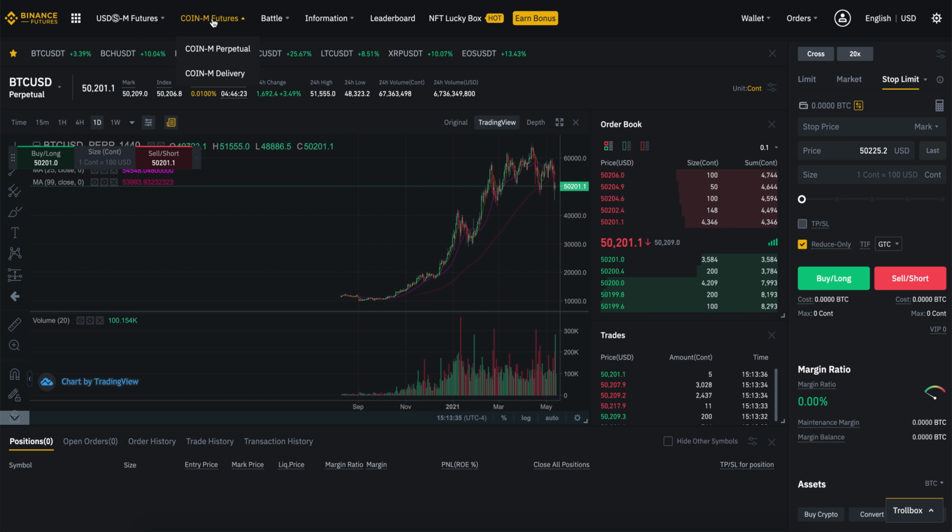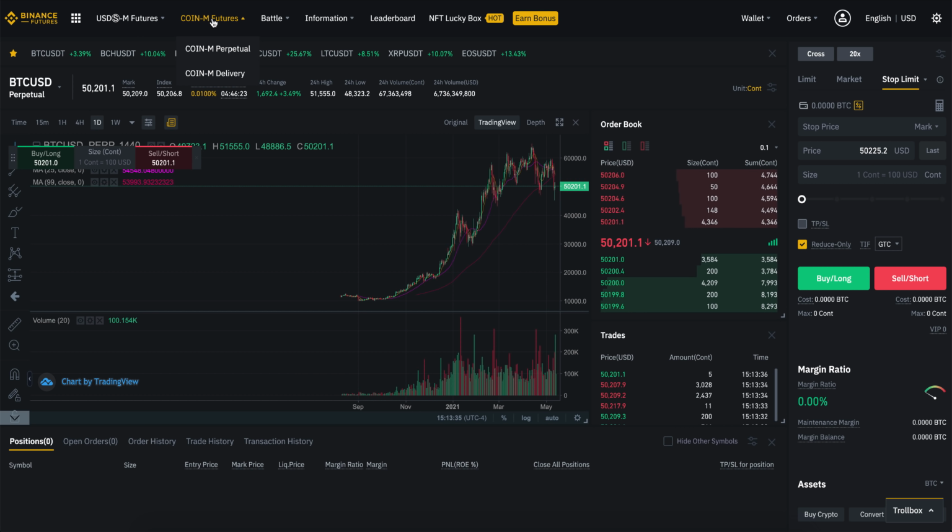Right now, I don't have anything in my Fiat and Spot Wallet because I actually set this up before I made the video because it's a long process, and I don't want to sit here and splice the video. But what you're going to do is click deposit, and from wherever you want, whether it be Coinbase, your Exodus wallet, or a cold wallet, you're going to click this deposit crypto button and deposit cryptocurrency into your Fiat and Spot wallet.